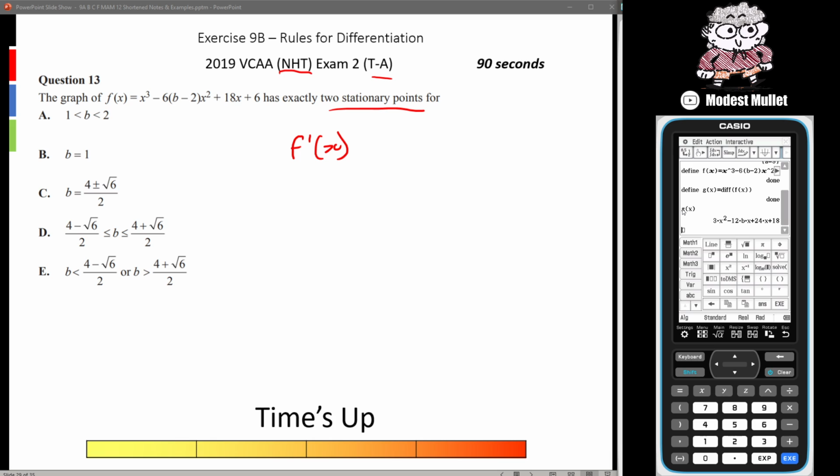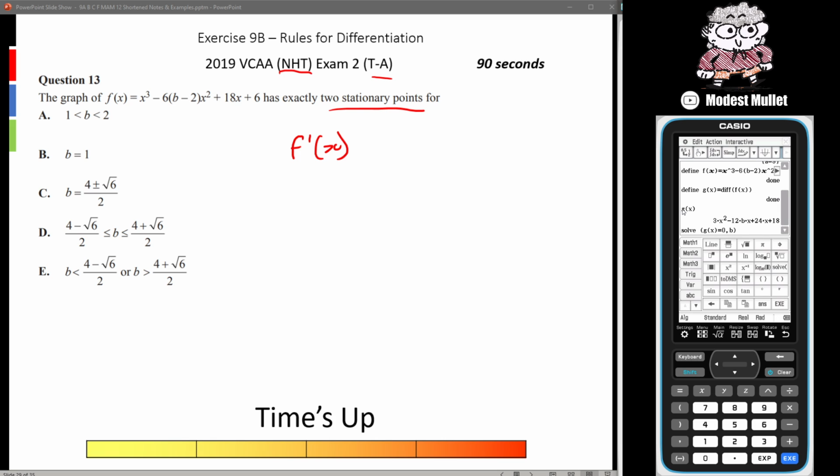And we want to know has 2 stationary points. So we want to solve g of x is equal to 0. So we want to know when the derivative is equal to 0, and we want to know what b values will make that work.